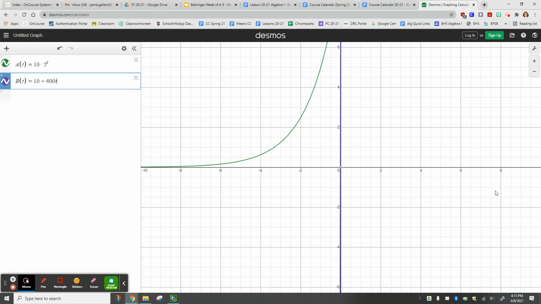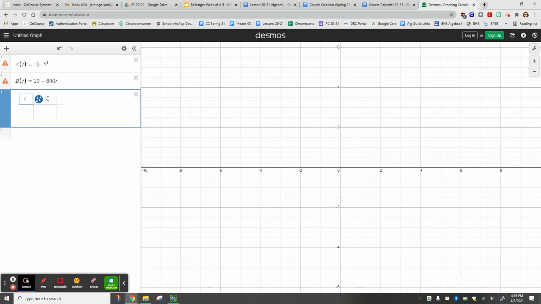So we're looking at this. This is not very helpful to look at. That's not pretty at all. Let's make a table real quick. We're going to change x1 to t, and y1 to a of t.